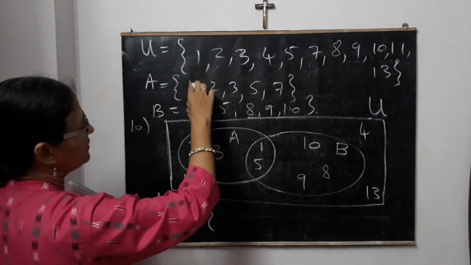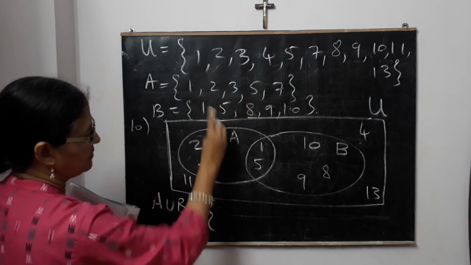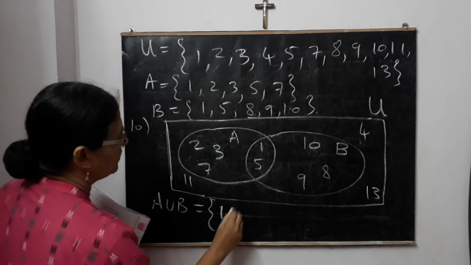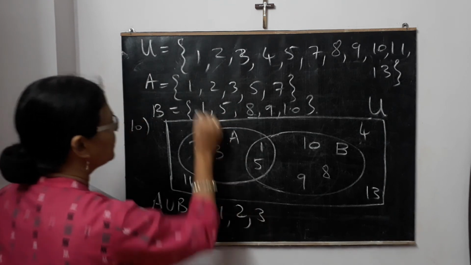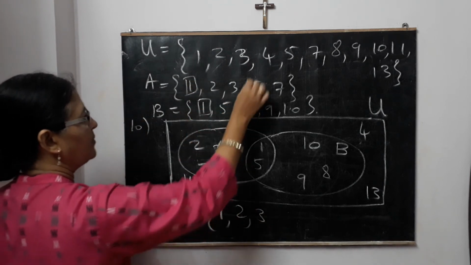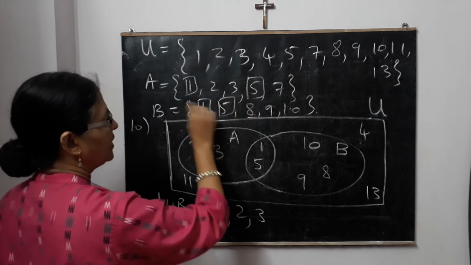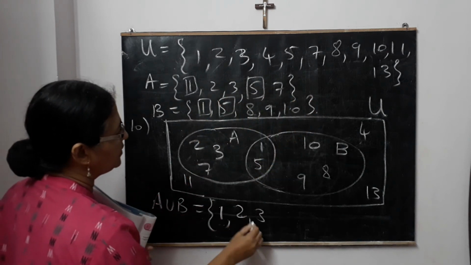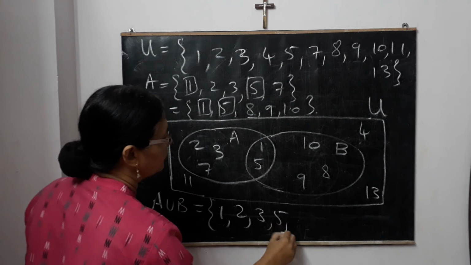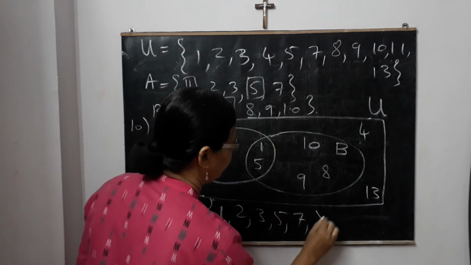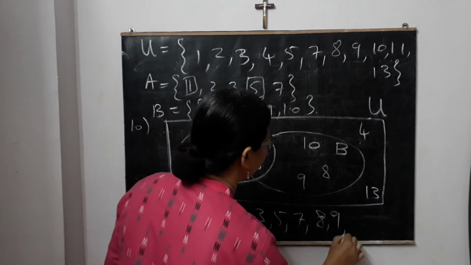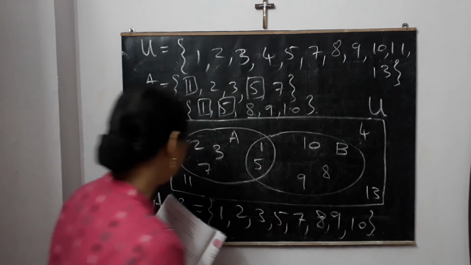Here A and B are there, so from there also you can write by looking at it. Okay, 1 is common, then 2, 3. 5 is common. Otherwise, go in ascending order: 1, 2, 3, then 5, then 7, 8, 9 and 10. That is A union B.